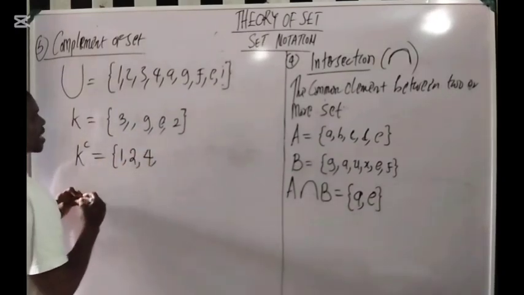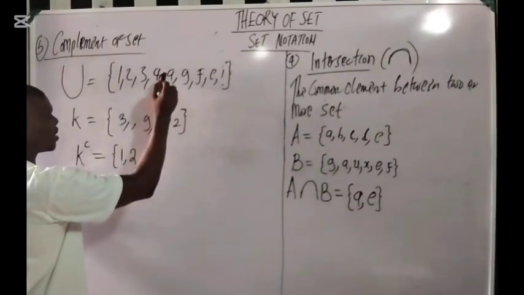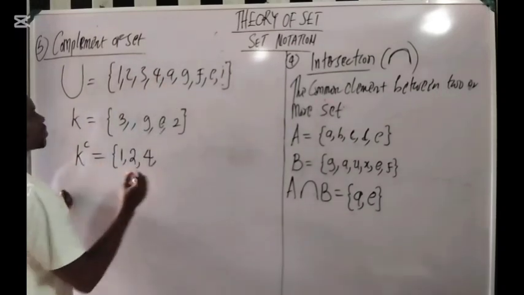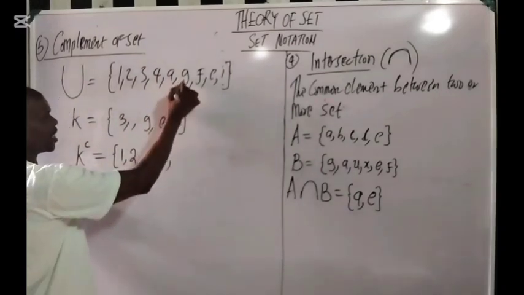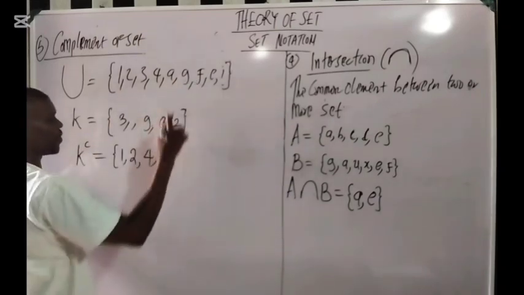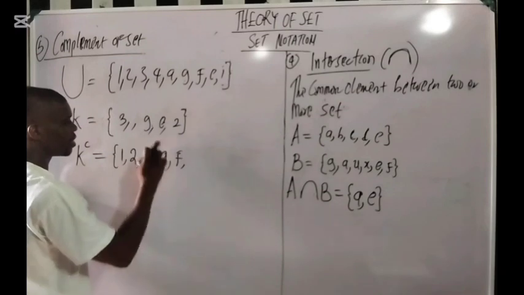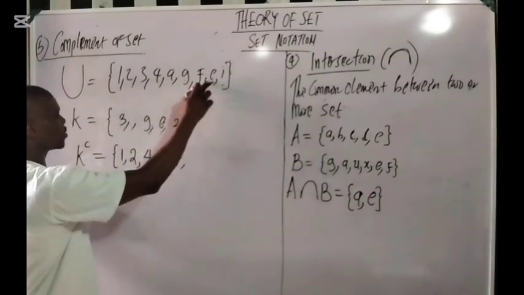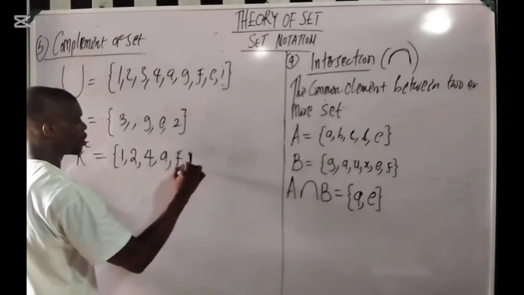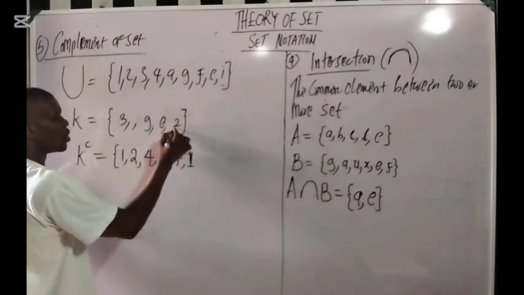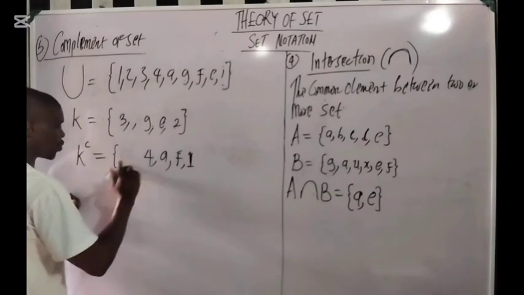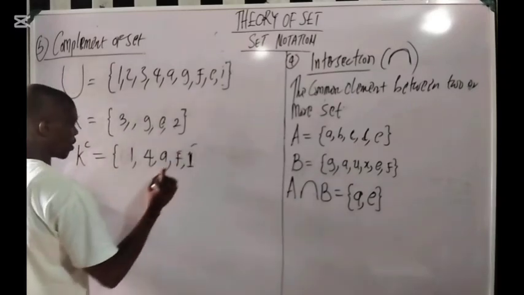Now, here we have A. A is in the universal set, but it's not in the given set. So here we have A. G is here and G is here, so G is not included, right? Then here we have F. E is here, E is here. The next one is I. But here we have 2, and since 2 is here, we remove this one here.